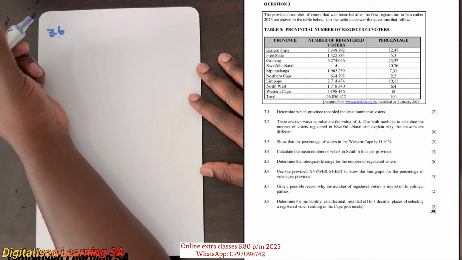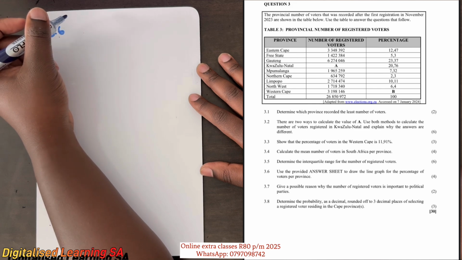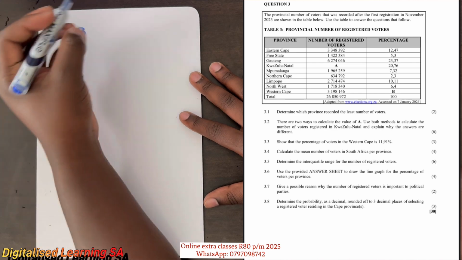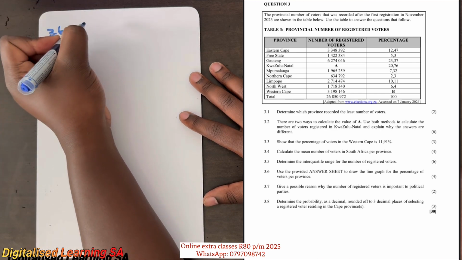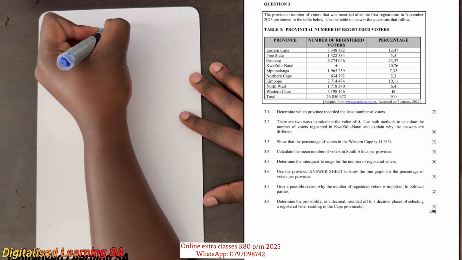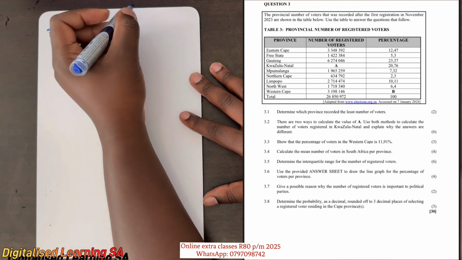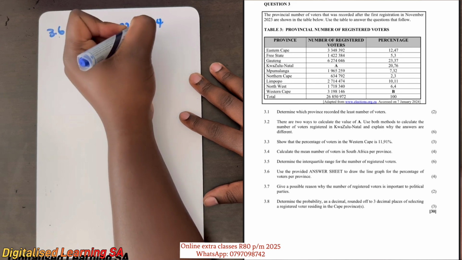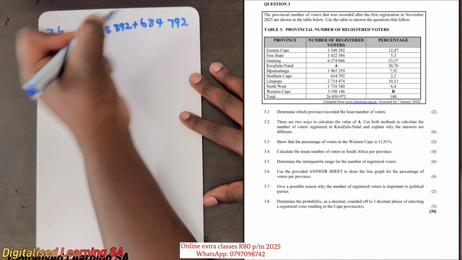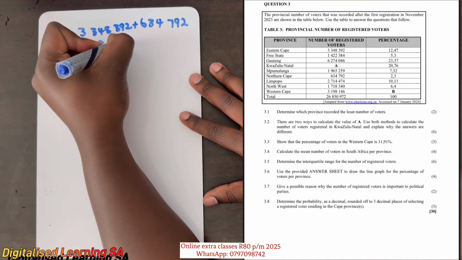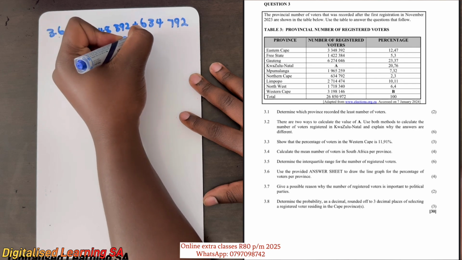Okay, so we have 3 Cape provinces. So we have Western Cape, Northern Cape, and Eastern Cape, meaning that we are adding all that up and divide by the total. So we'll start with Western Cape. So Western Cape is 3348392 plus 634792 plus 3198146.